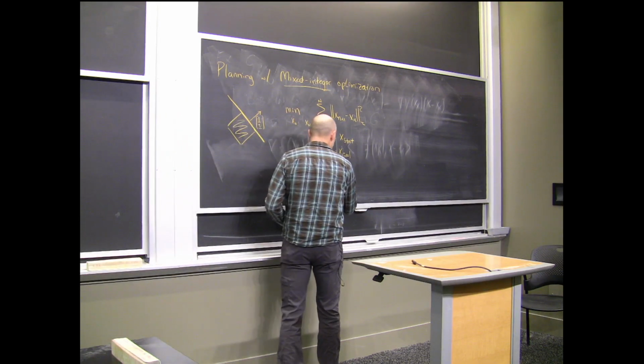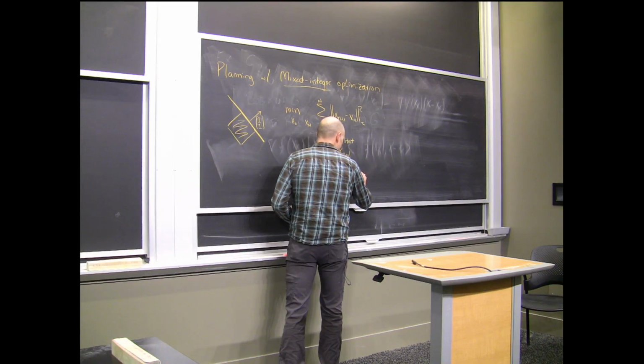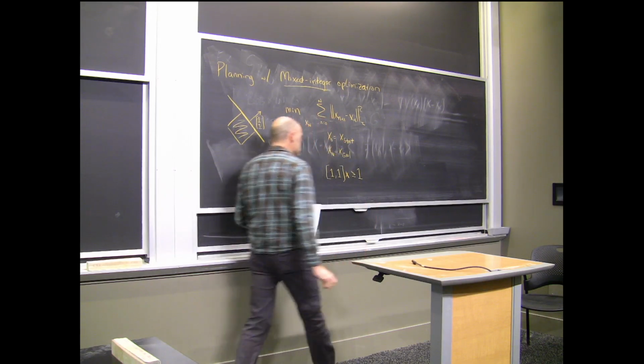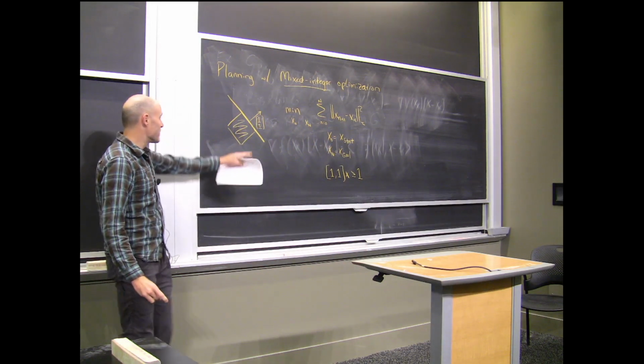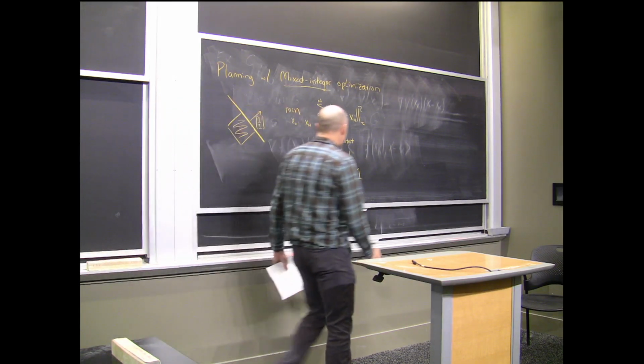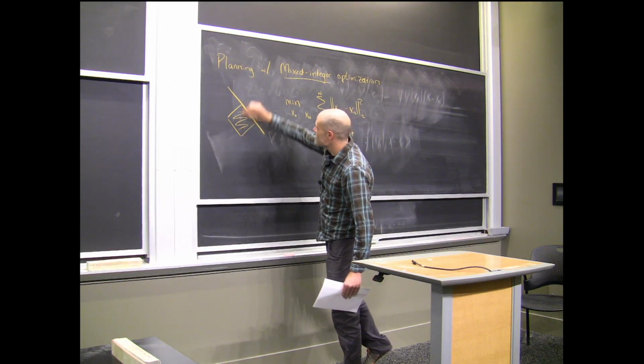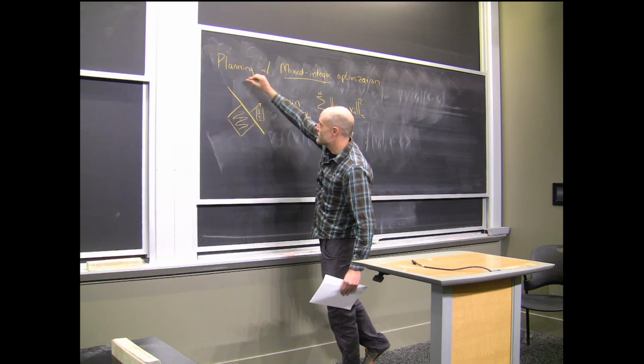So I could just write this as 1, 1 times x is greater than or equal to 1. Okay, that would say I'm outside of this space. But if I only pick things that are outside that face, that's clearly not going to get me all the way from the start to the goal.